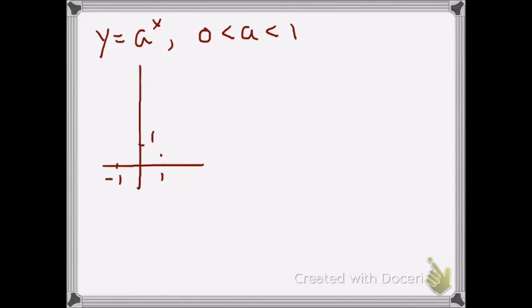And then when x is minus 1, a to the minus 1 would be a number larger than 1, so we can kind of estimate it there and draw our decreasing function. And the point over here is minus 1 and 1 over a.